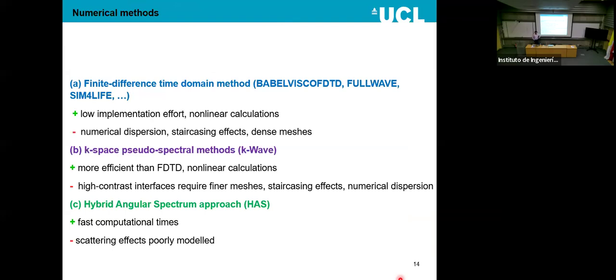So there's a range of solvers which have been used to address these challenges. Some are based on the finite difference time domain method. These are quite easily implementable, but they do suffer from numerical dispersion and staircasing effects, and they can result in dense computational grids.